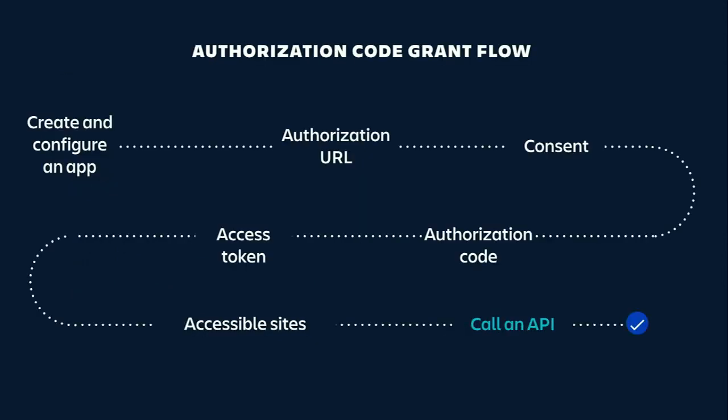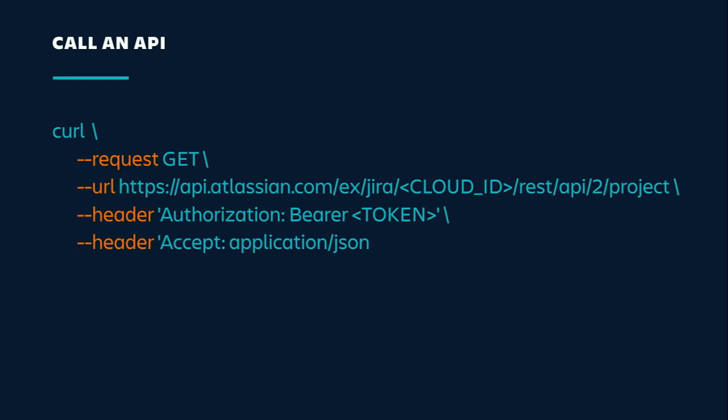Okay, now that we know the cloud ID for the site, we can call an API. That's really quite simple. All the APIs now live under api.atlassian.com. In this example, we have Jira. All the normal Jira APIs, like the Jira APIs you would use for Connect, are mounted under the ex/jira path. After ex/jira, you put the cloud ID you got in the accessible resources request.